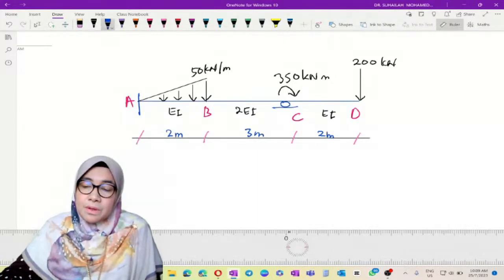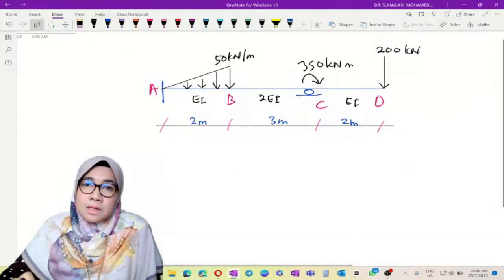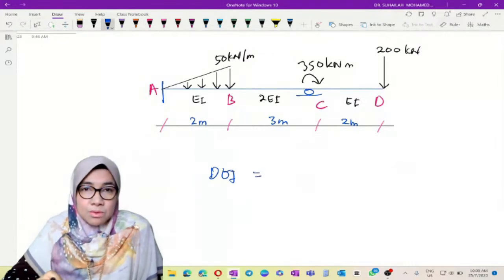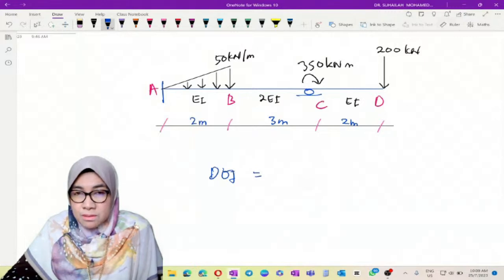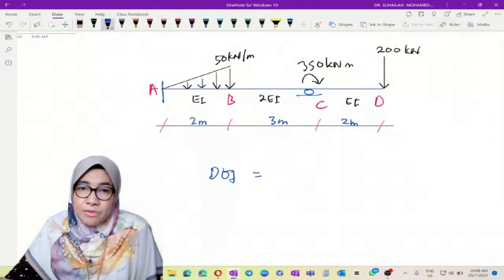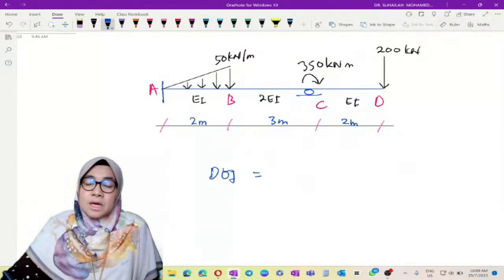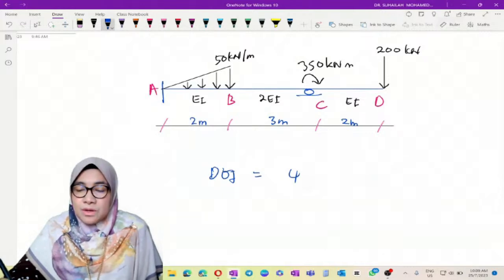The simple way to calculate the redundant is by totaling all the unknown reactions. Since we have one fixed support and one roller, there are 4 unknown reactions.